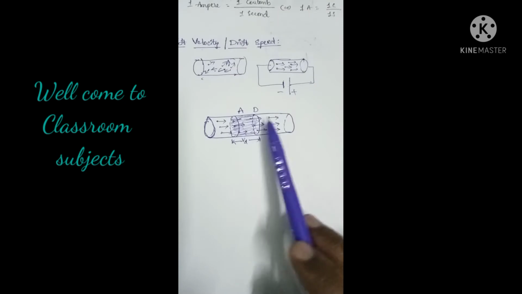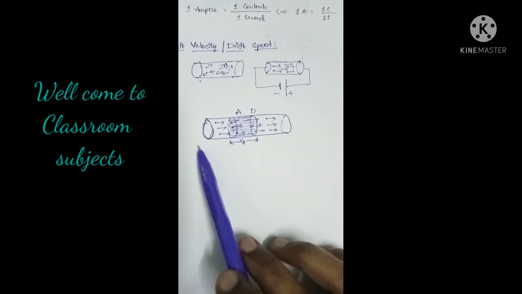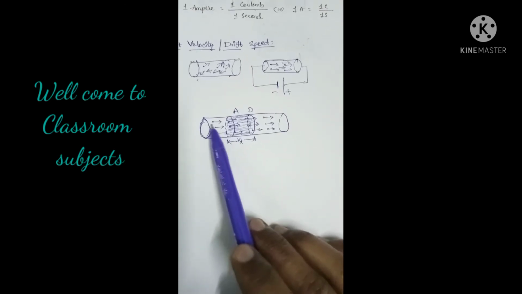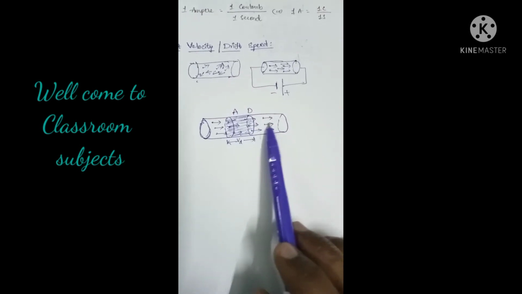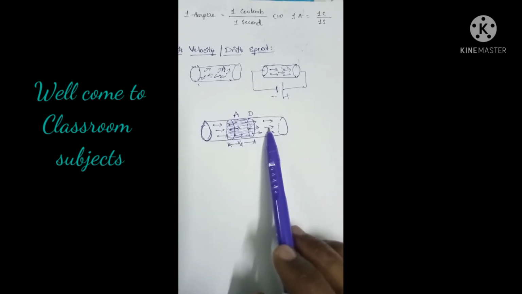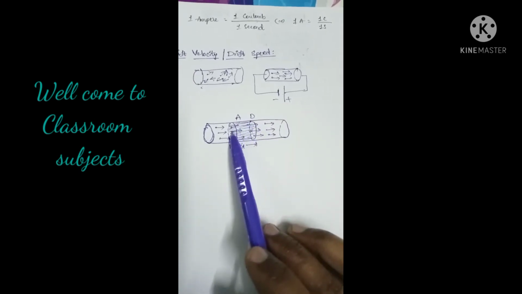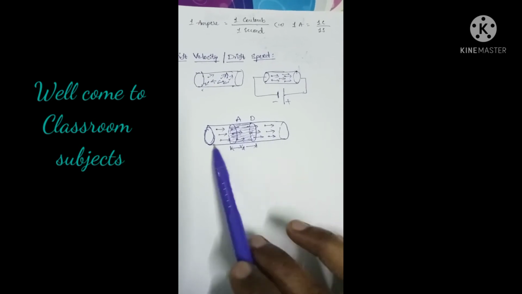Now consider a conductor connected to a battery to make the current flow. Then these electrons will move in a specified direction with a constant speed. Now consider any cross section in a conductor.